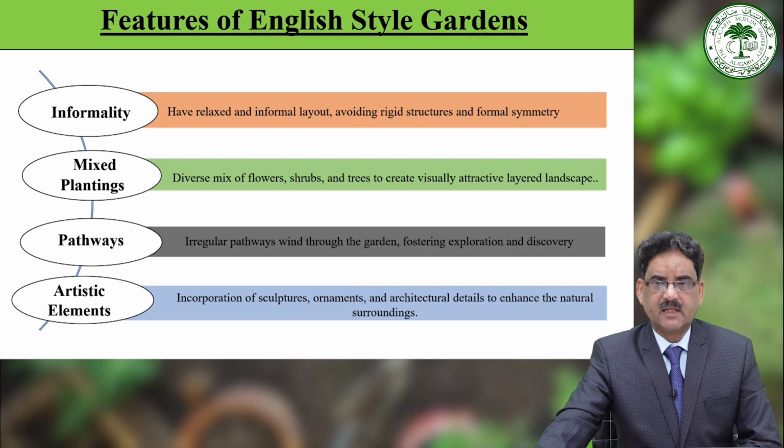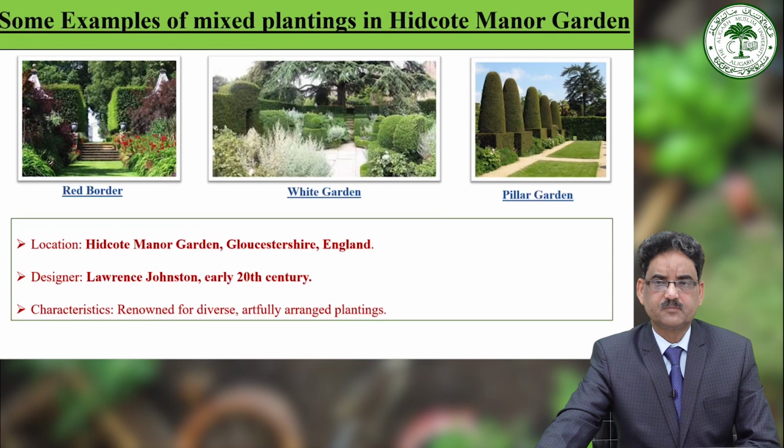Incorporation of artistic features such as sculptures, ornaments, and architectural details adds a creative touch to the natural surroundings. An example of a garden with mixed plantings in the English style is Hidcote.